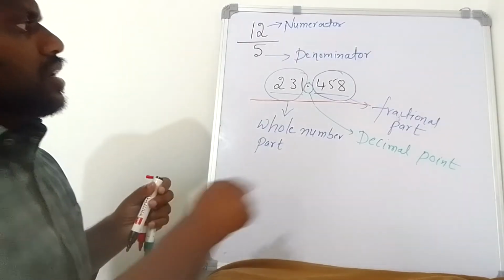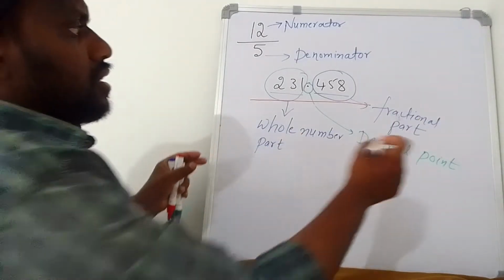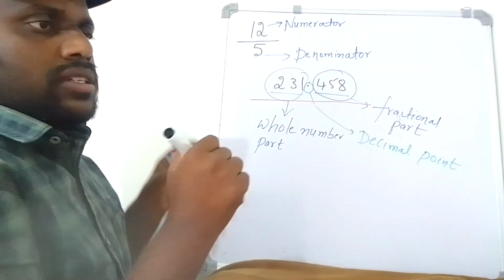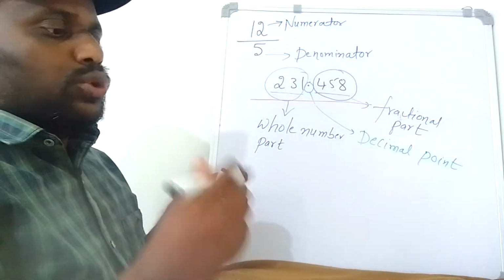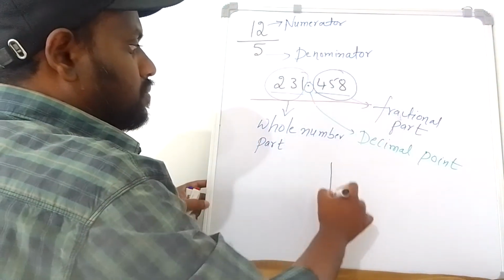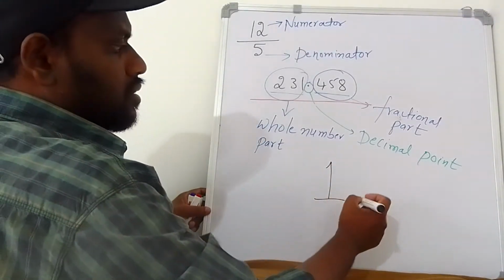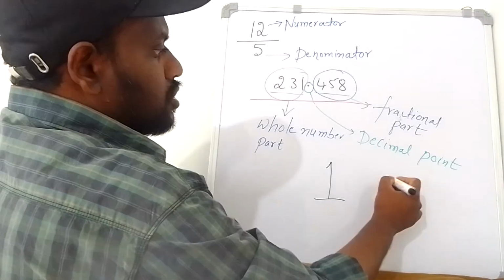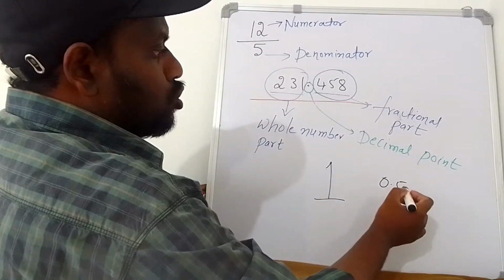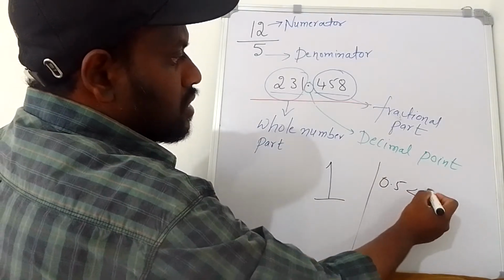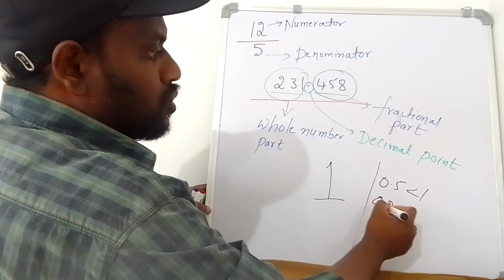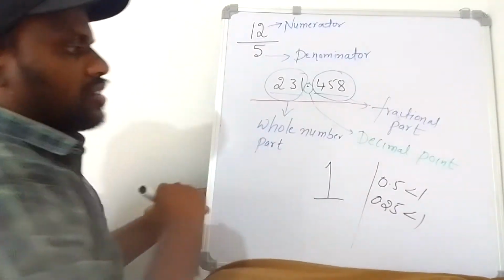Next, the fractional part. This part is less than a unit. Unit means 1. For example, 0.5 is less than 1, and 0.25 is less than 1.